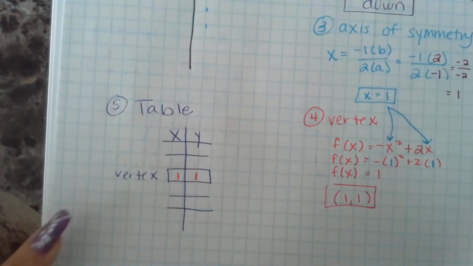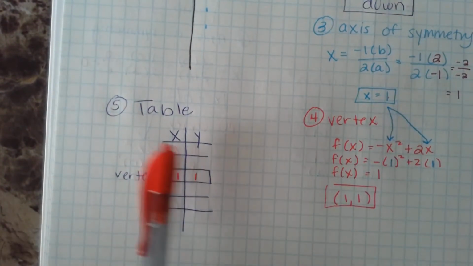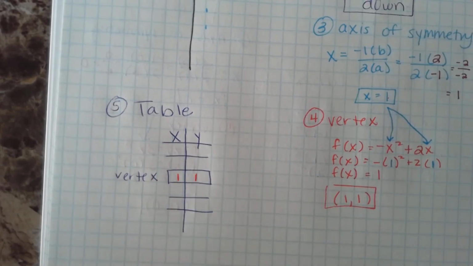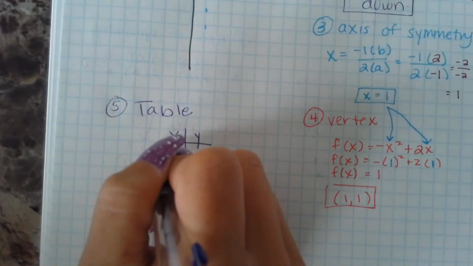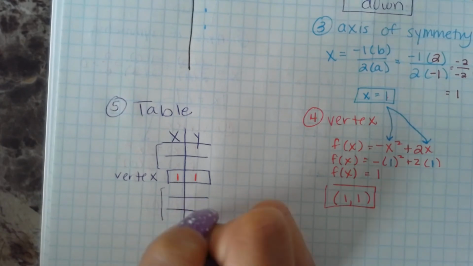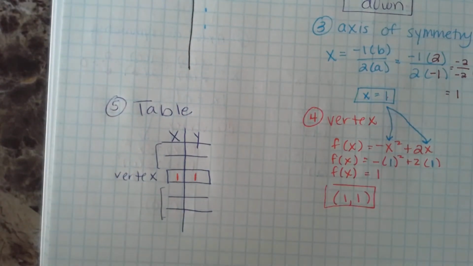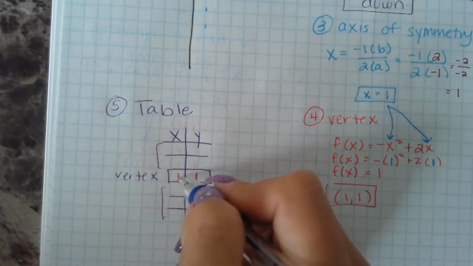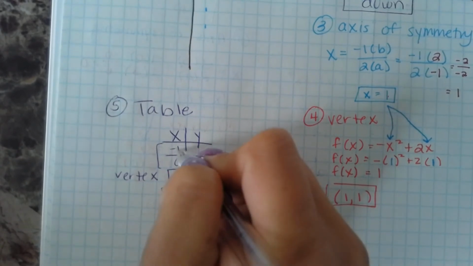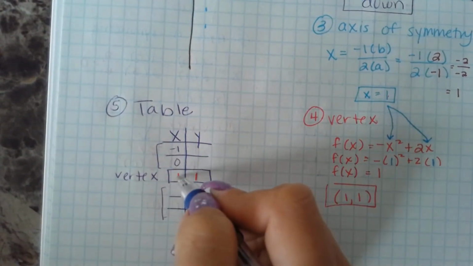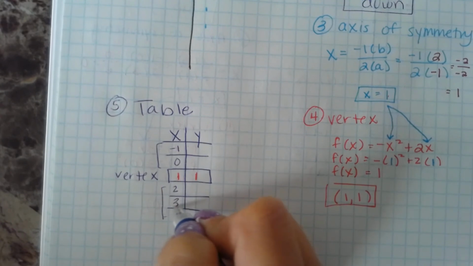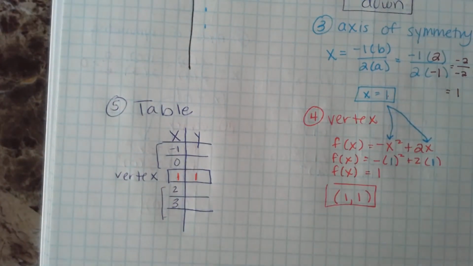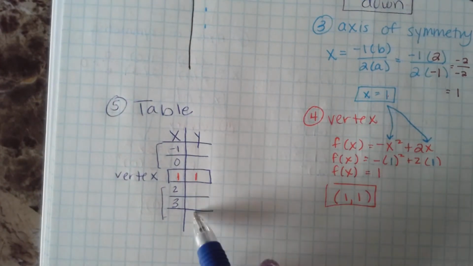Okay, now for our x's, we're going to go ahead and fill these in. Remember, smaller numbers up here, bigger numbers down here. Okay, so what's smaller than 1? 0, negative 1. What's bigger than 1? 2, 3.